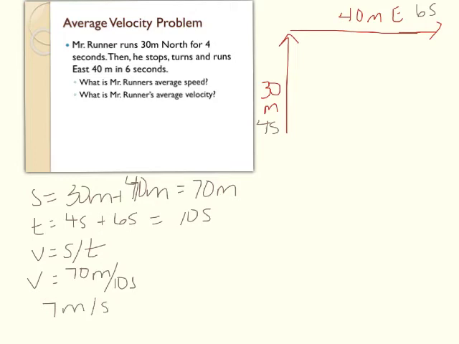Now, finding the average velocity, we need to find our resultant velocity. So this is where you have to remember your Pythagorean theorem and your rules for adding vectors. So here is our velocity.